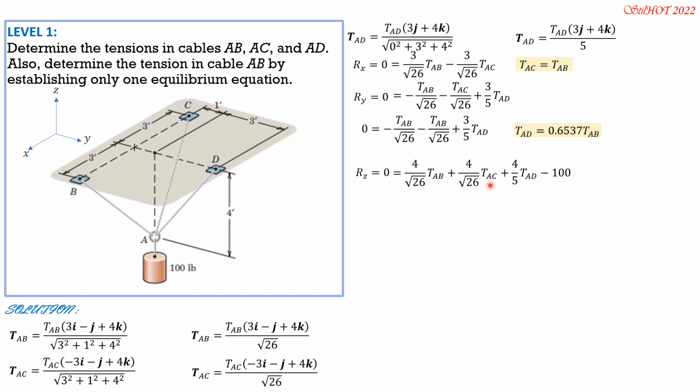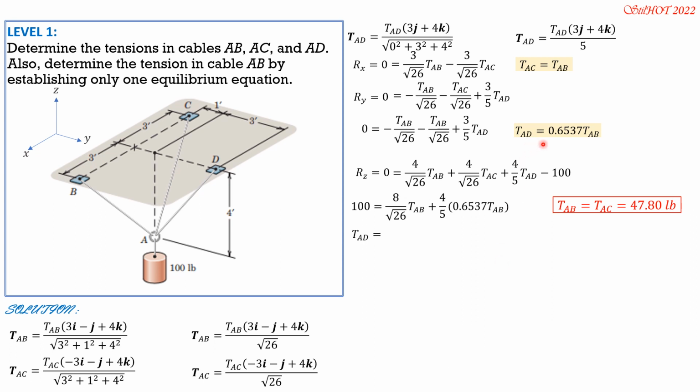Then we have to substitute tension AC, which is equal to tension AB, and tension AD, 0.6537 tension AB. So we can combine these two. So 8 over square root of 26 tension AB plus 4/5 of 0.6537 tension AB equals 100. So from there, we can solve tension AB, which is equal to tension AC, and it is 47.8 pounds.